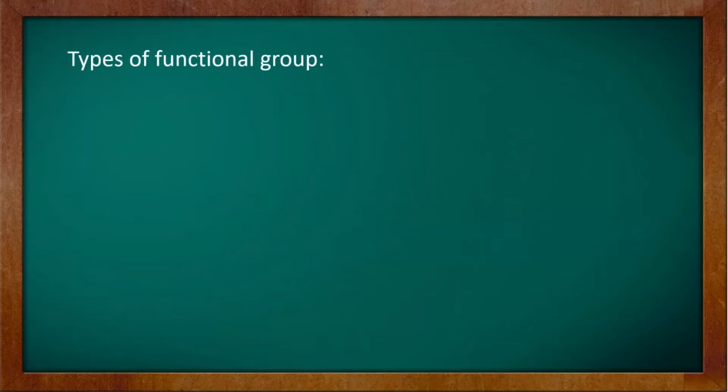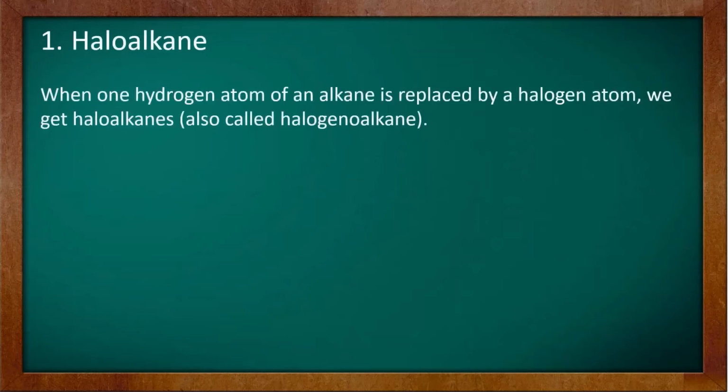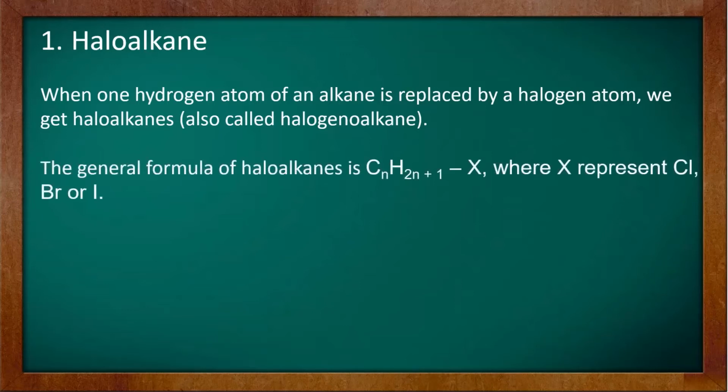Types of functional group: halo group, alcohol group, aldehyde group, ketone group, carboxylic acid group. Haloalkanes. When one hydrogen atom of an alkane is replaced by a halogen atom, we get haloalkanes, also called halogenoalkanes. The general formula for haloalkanes is CnH2n+1-X, where X represents chlorine, bromine, or iodine.